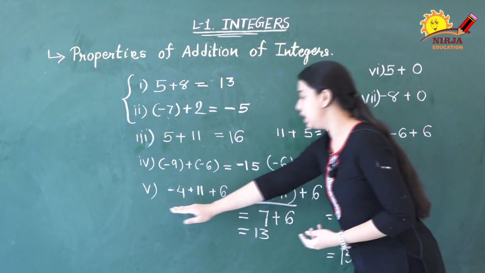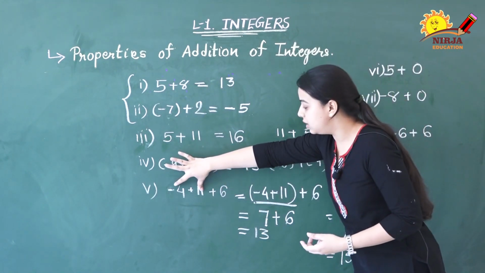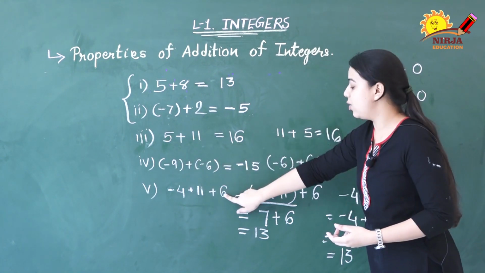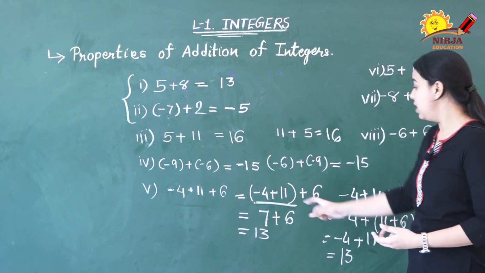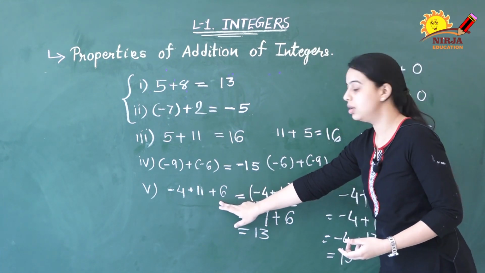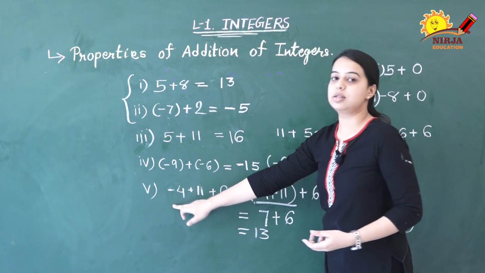So if you have seen, firstly I have added these two numbers, then I have added this one. In the second example, I have added these two first, then added this.